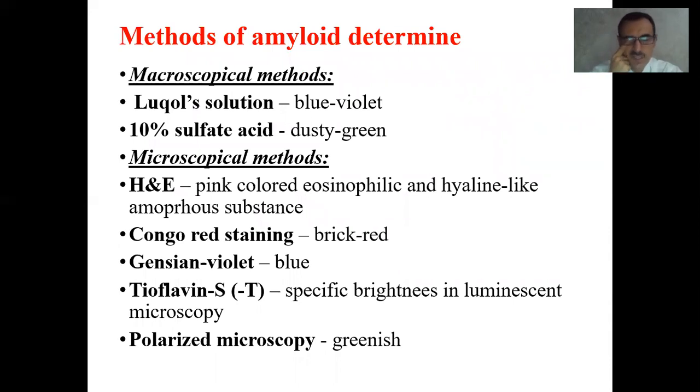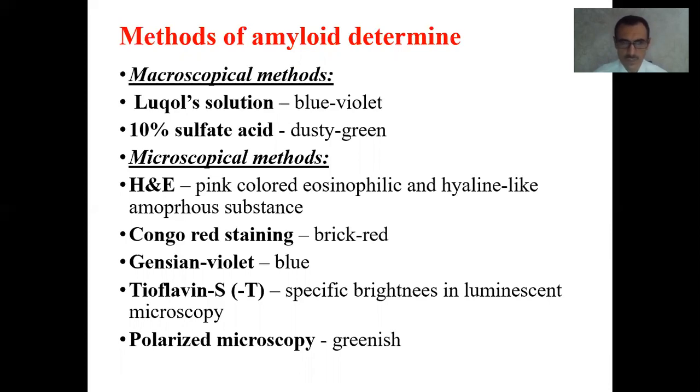Let us classify these methods as microscopic and ultramicroscopic. Microscopically, as we mentioned, we use the Lugol solution that stains the affected amyloid area blue-violet, and sulfuric acid that stains it dark green.